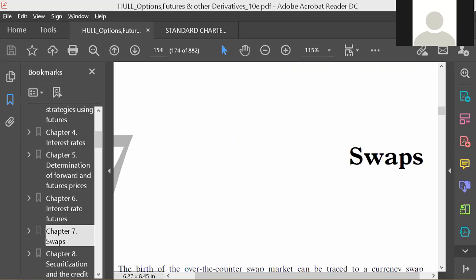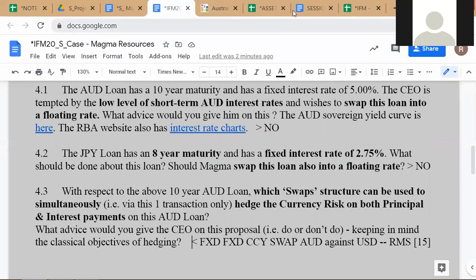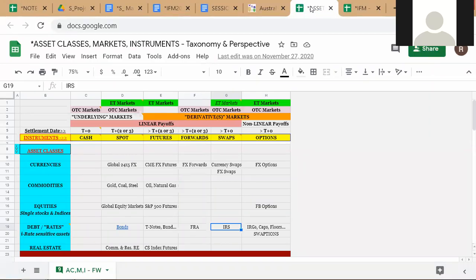I'll put this into the session notes. So what I'm putting into the session notes is, let me put this here. I think we don't need this at this point.